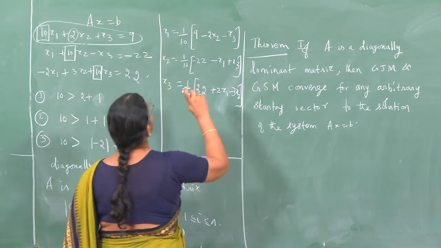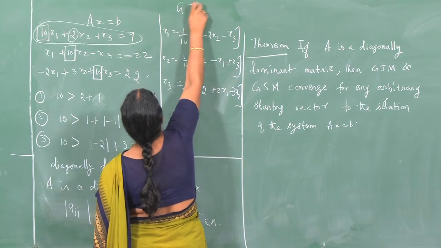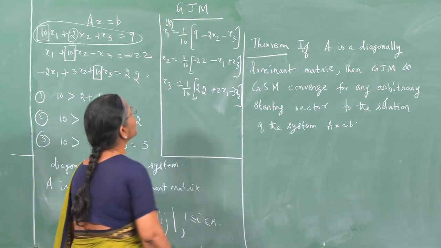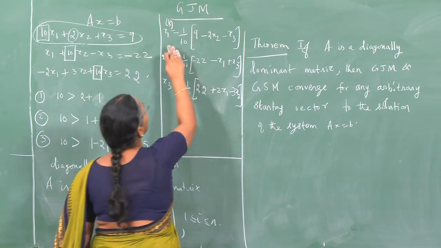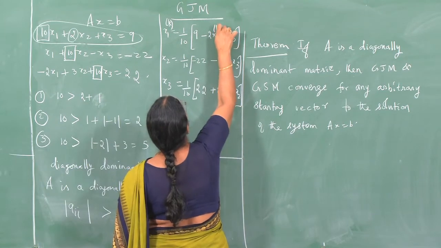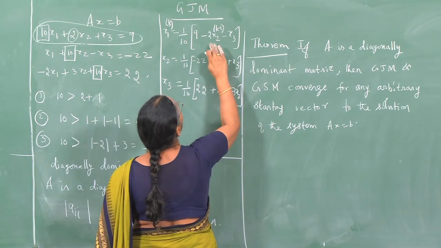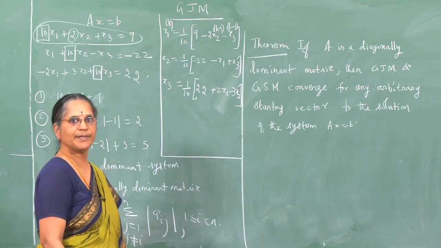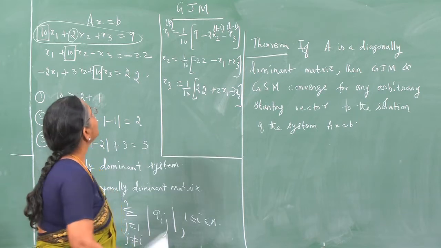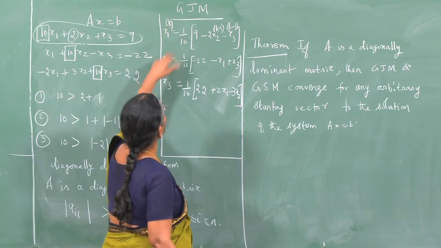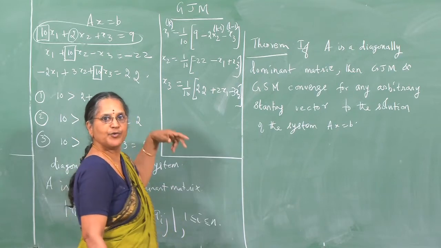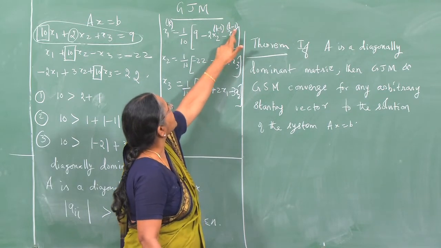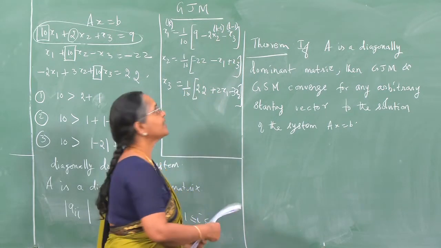So, having written out this step, if I want to apply Gauss-Jacobi method, my solution at the kth step for x1 will be obtained by using the solution for k minus 1th step for x2 and the solution for x3 at the k minus 1th step. The solution for x1 at the kth step will be obtained by using the values at the k minus 1th step for x2 and x3.